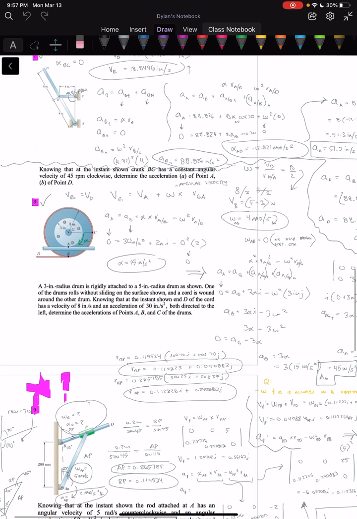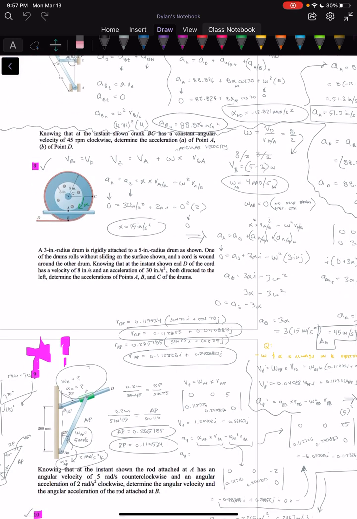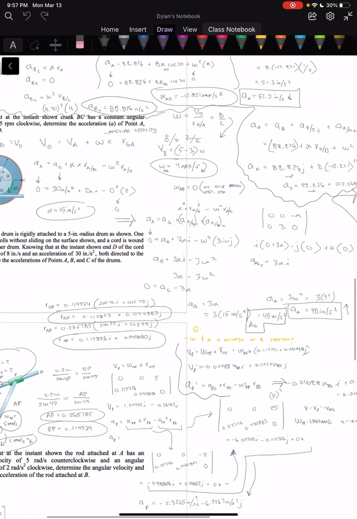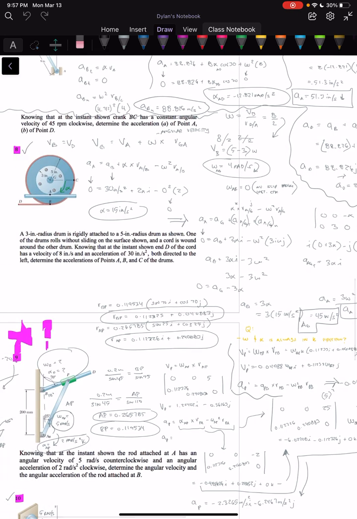And number 8, basically the same thing. We use our acceleration formula, where the acceleration of A with respect to an instantaneous center, and we know that wherever we take our instantaneous center becomes 0, and we're given the rest of the info.